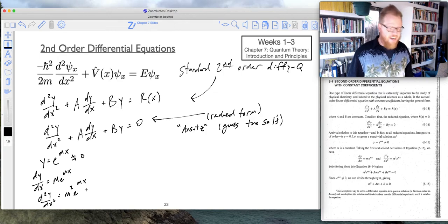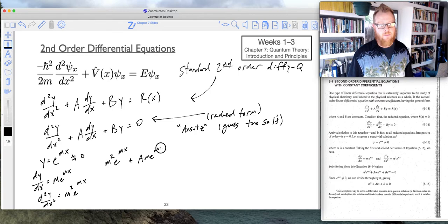And now what we want to do is plug our guesses back into our equation. So we substitute the second derivative, m squared e to the mx, plus, perhaps we might have some constant in our differential equation, a, times the first derivative, dy/dx, which is m e to the mx.